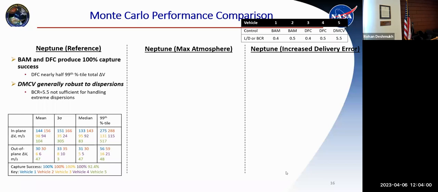The key takeaway is that direct force control produces almost half the 99th percentile delta V. That's a 50% reduction in delta V, which will correlate to around a 50% reduction in power costs. That's a huge advantage we get out of direct force control for a Neptune Aerocapture mission.